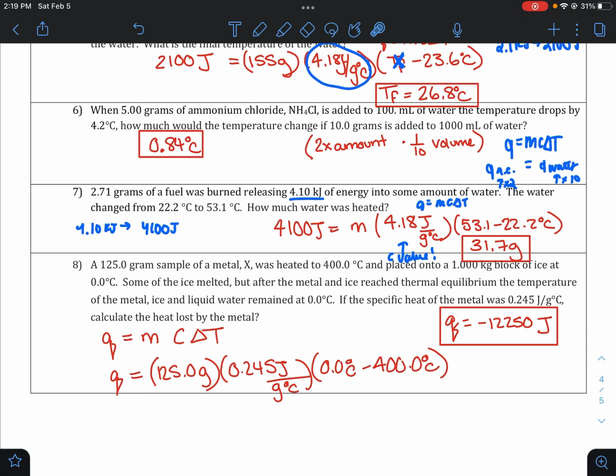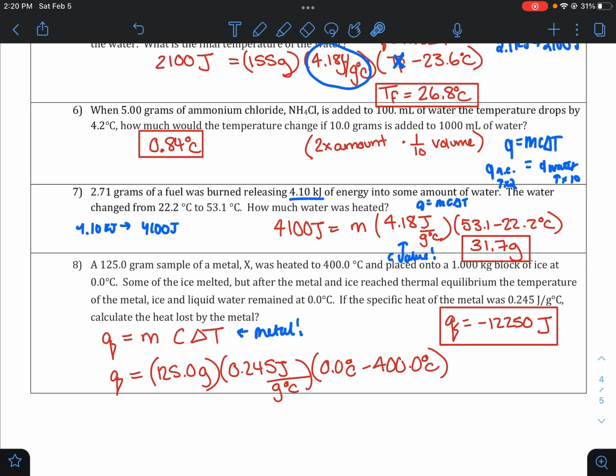That's really just a long way to say Q equals MC delta T, and we're going to focus on the metal, because we weren't given any other information about the ice or the water except for the 1 kilogram. Mass of the metal in grams, the specific heat capacity is given in joules per gram, and then we can measure the change in temperature. We solve that and it gives us our final value.